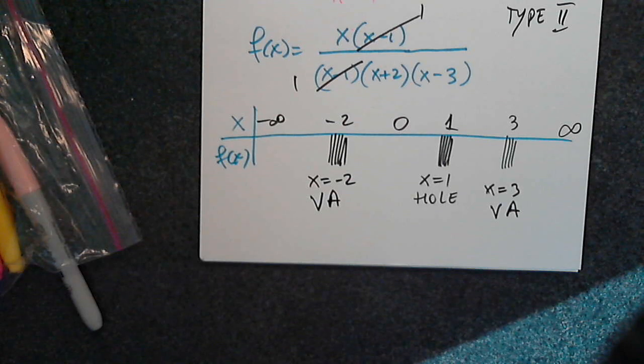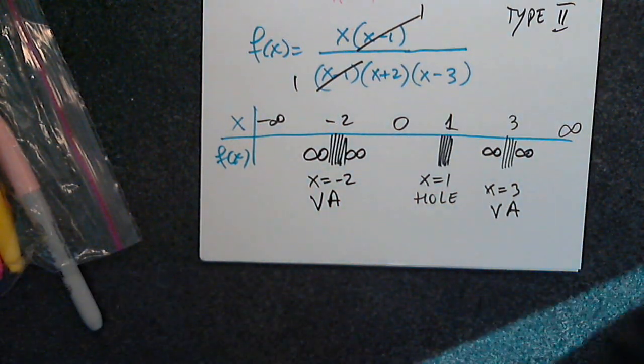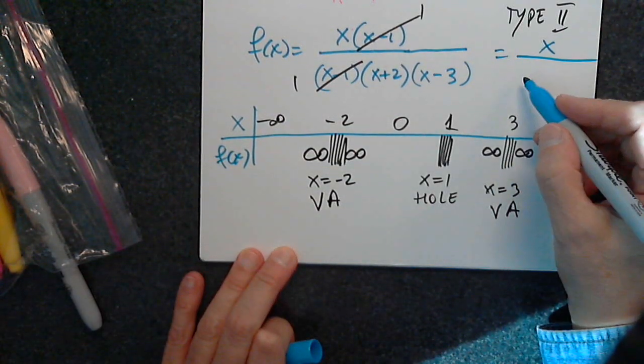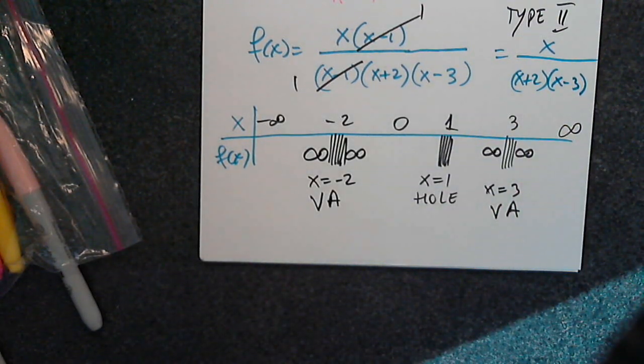Guaranteed. And I can immediately write infinities. However, I don't have the sign of the infinities. But the simplified form is x divided by (x plus 2)(x minus 3). The two factors left over, x plus 2 and x minus 3, are vertical asymptotes.